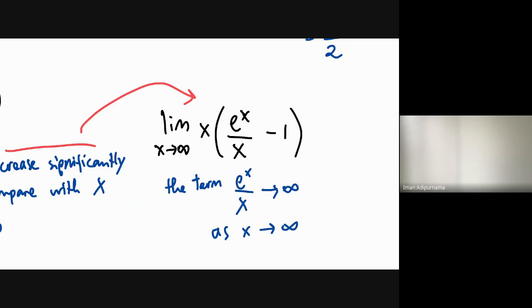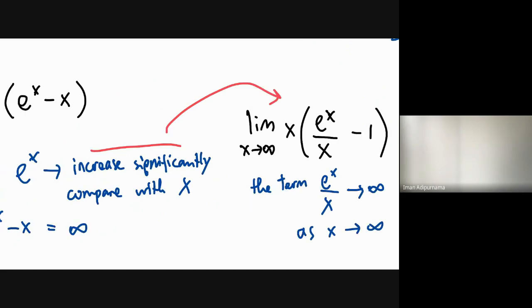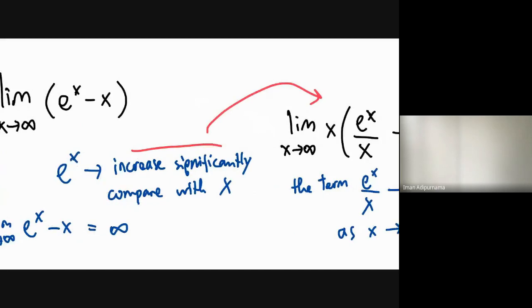Okay. So if you just look at these expressions, the e to the x minus x, maybe we still have some doubt. Okay, we are still not sure whether it's correct or not. You can either check with the graph of e to the x and compare with the line equation y equals x, and look at how fast e to the x grows compared with x.